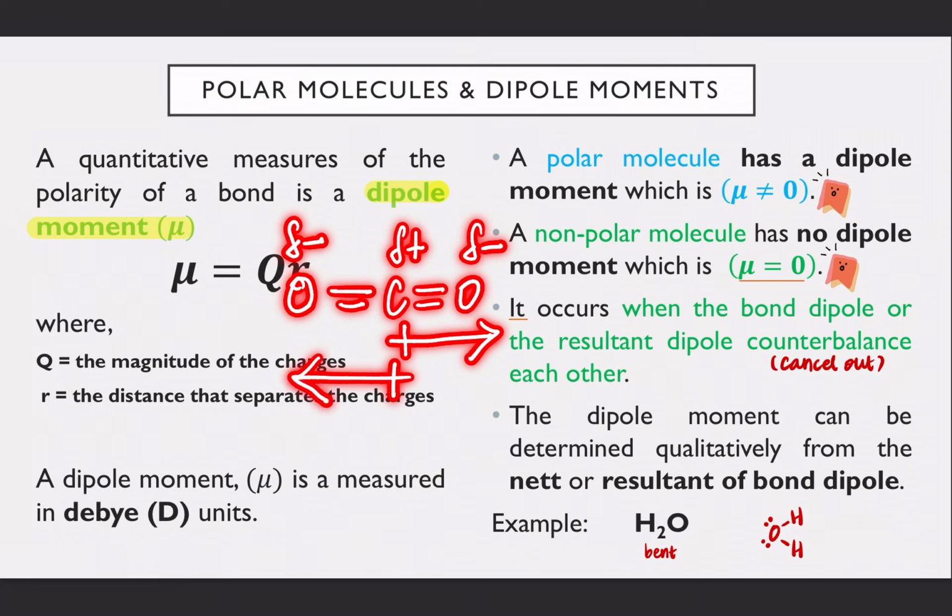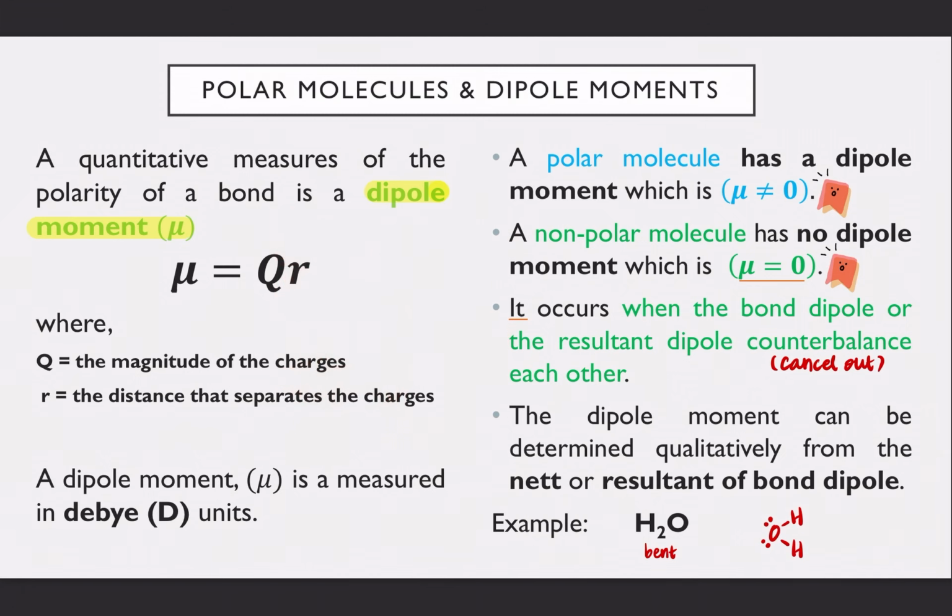You can see that the magnitude of your bond dipole is the same, but they are pointing in opposite directions. That means your bond dipoles will cancel out each other. Therefore, your resultant dipole is 0. Therefore, your mu will be 0. That means you have a non-polar molecule for carbon dioxide.